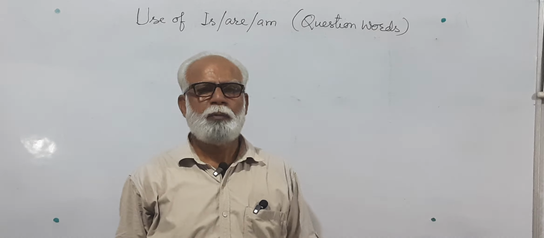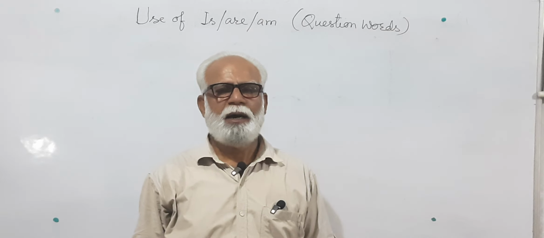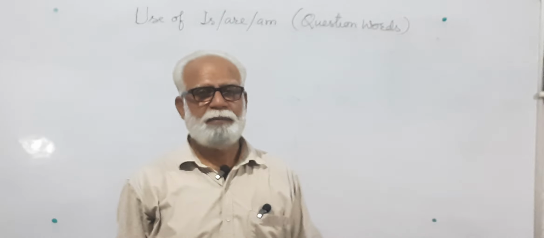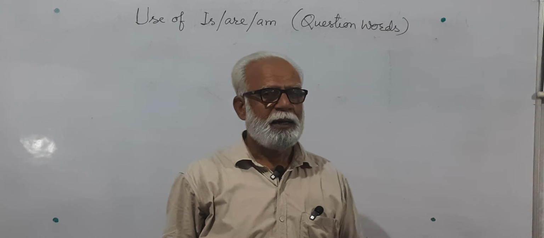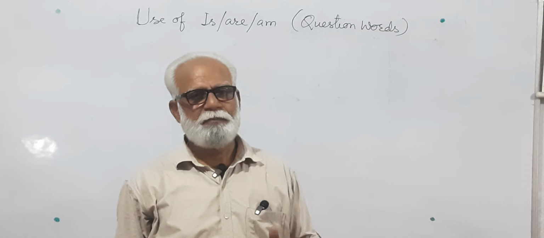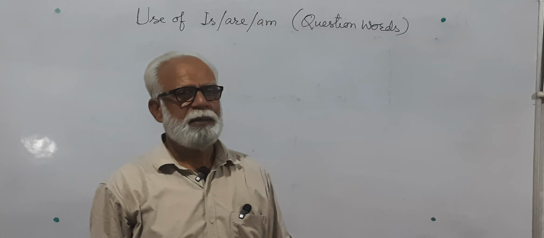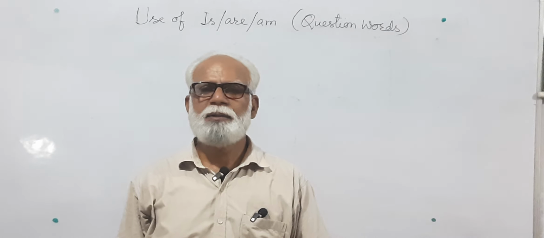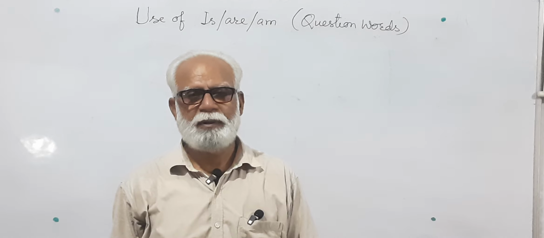In this English grammar lesson, we have discussed how positive sentences are formed and how we formed negative sentences. Today we will discuss again, starting from there, from very simple form to negative sentences, then interrogative sentences, and then how interrogative sentences are answered in short form.